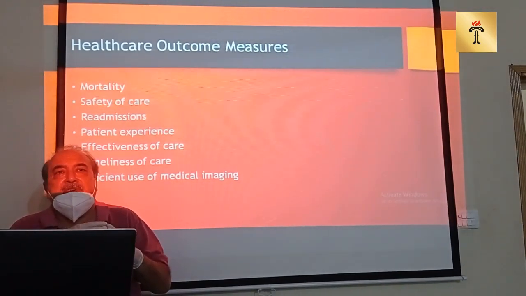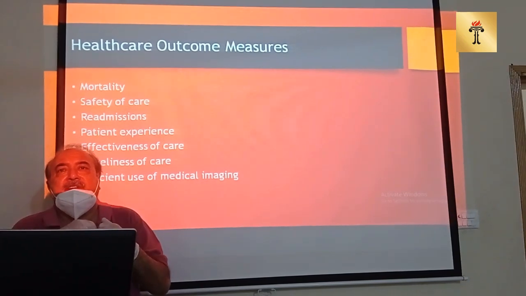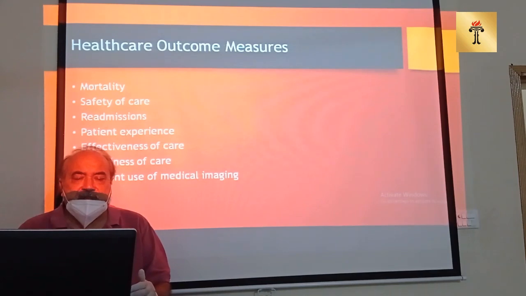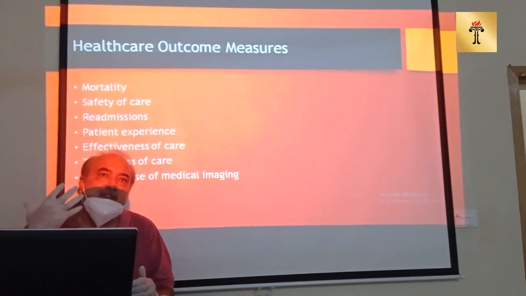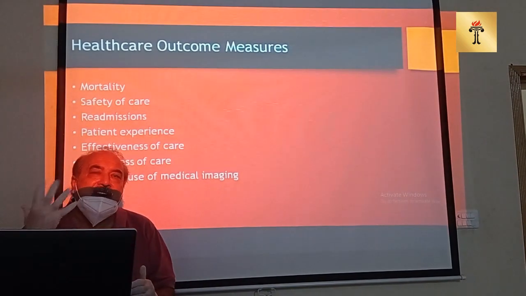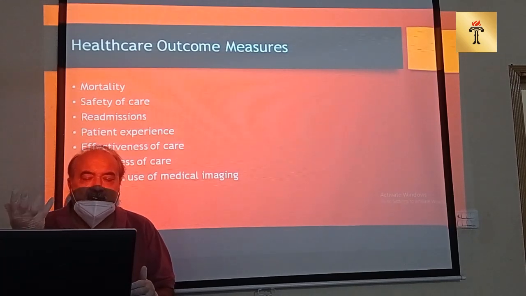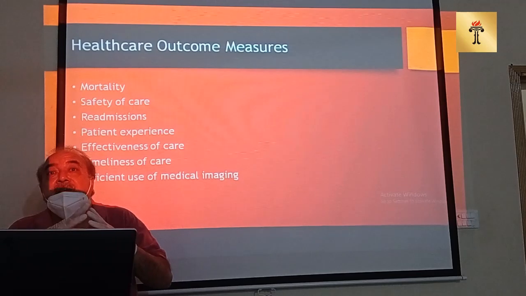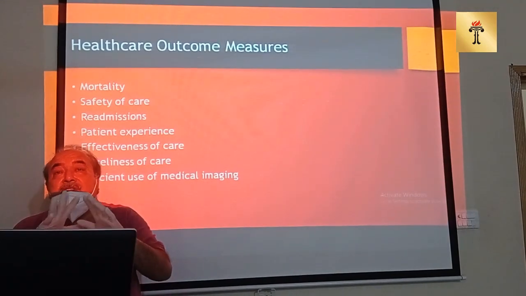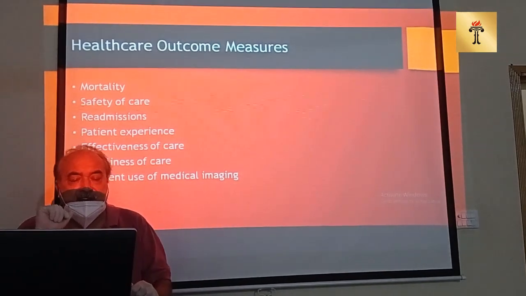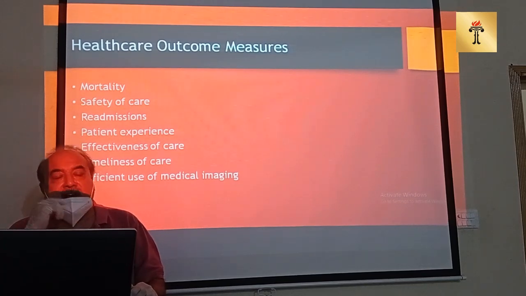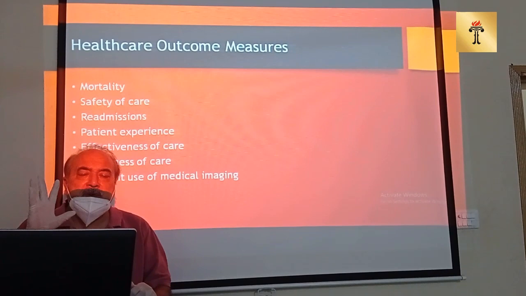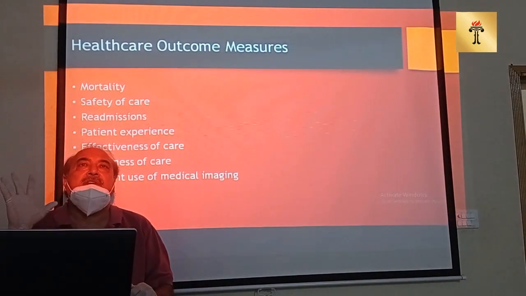You can have a survey of what the patient feels. Then is the effectiveness of care, how effective the health care was. And then is the timeliness of the care, how much time it took. Then is the efficient use of medical imaging. So this was all about health outcome measures.